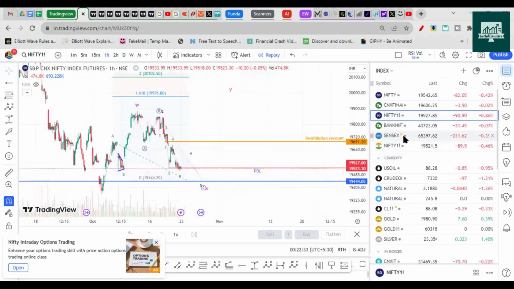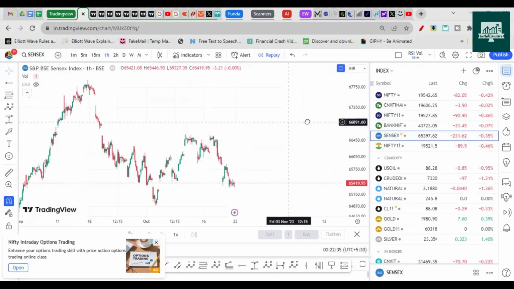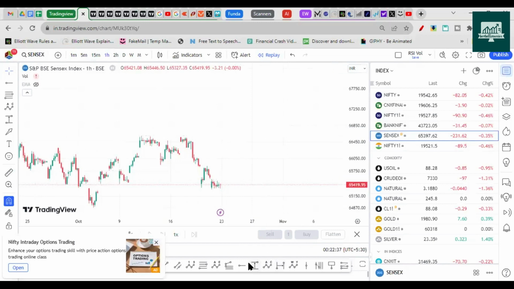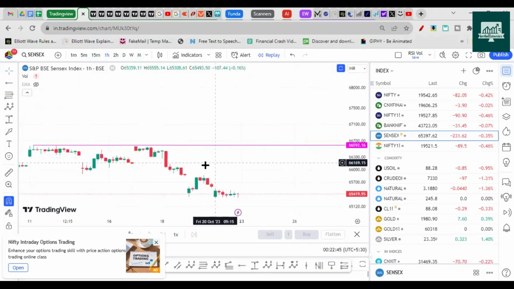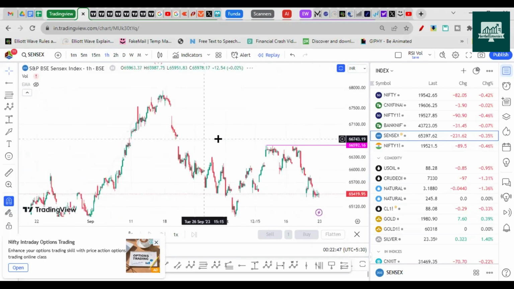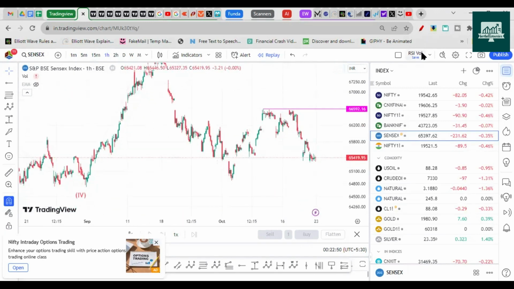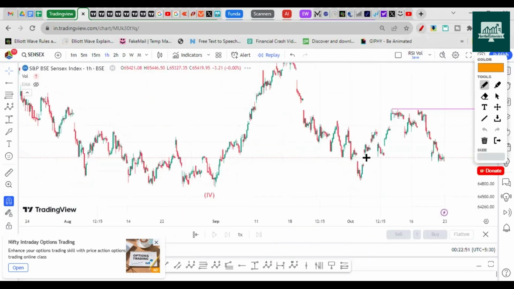Same thing with Sensex. Sensex also did not make a new high, right? So this is the high of Sensex. If you see here clearly, it didn't break that high. So this is a 3-wave move, A, B, C, zigzag maybe.